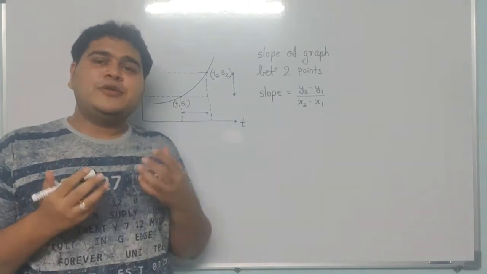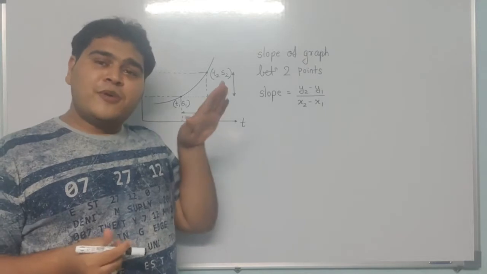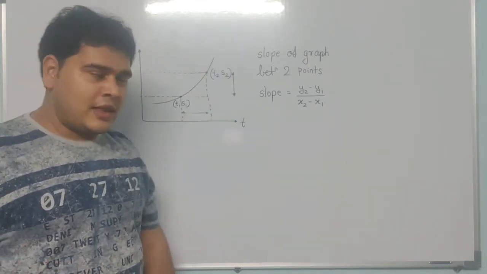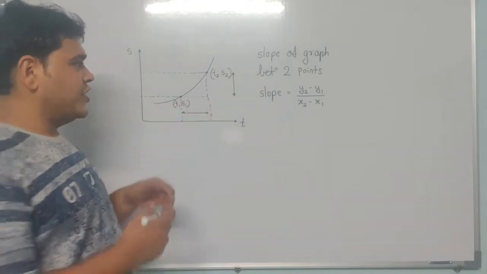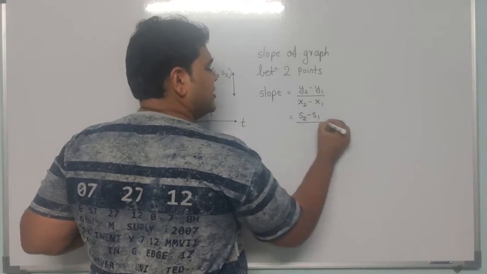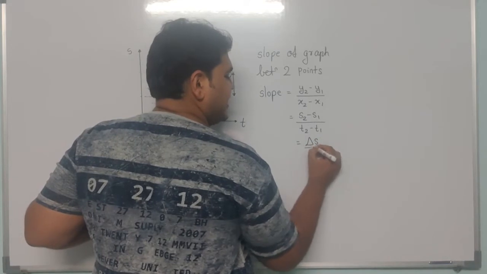Basically, I am trying to find the steepness of the curve with the help of the slope, the vertical height upon the horizontal length. So over here we are going to have it as s2 minus s1 upon t2 minus t1, which can be written as delta s upon delta t.